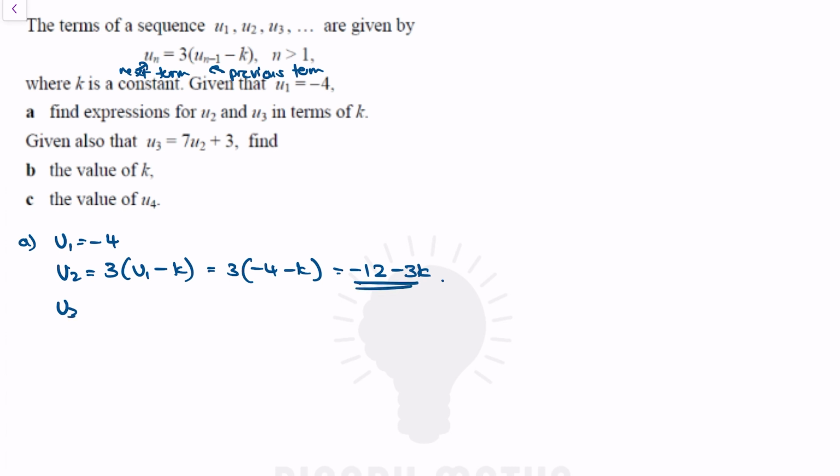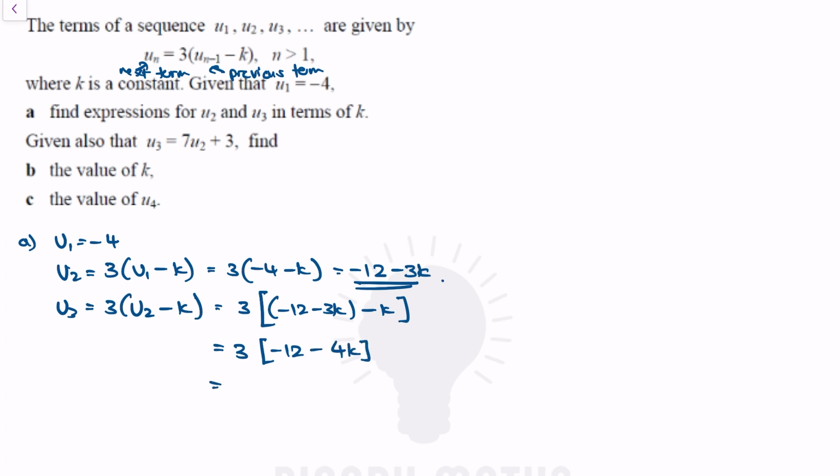So that's one answer, which is u2. u3 will be 3 times u2 take away k, which is equal to 3 times minus 12 minus 3k take away k, which is equal to 3 times minus 12 minus 4k, which is equal to minus 36 minus 12k. So that would be u3.